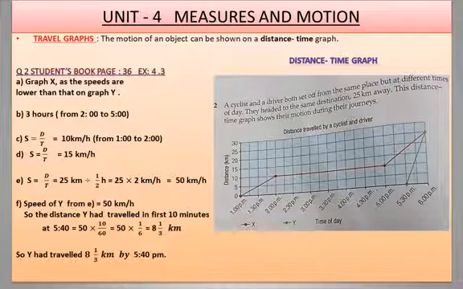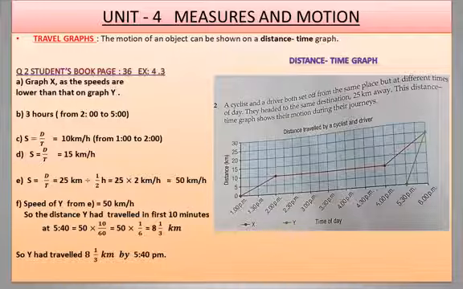So the red line shows the cyclist's journey, and the green line will automatically show the driver's journey. The first question's answer: graph x, as the speeds are lower than on graph y.